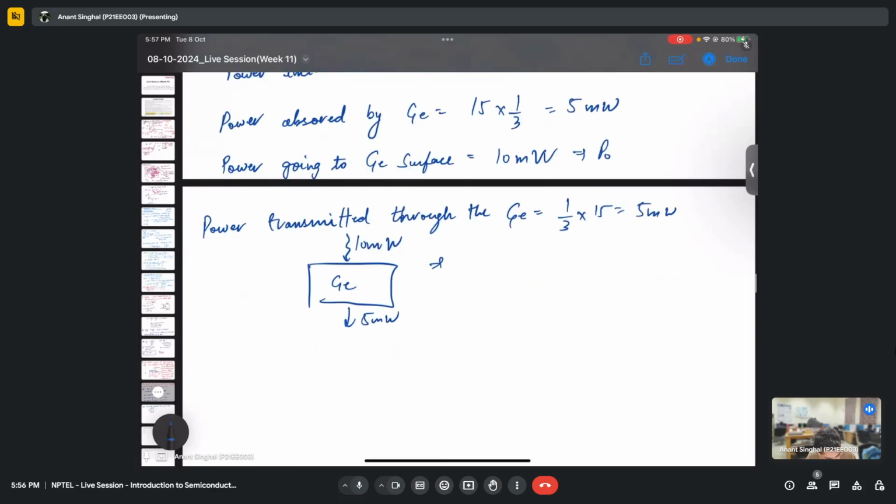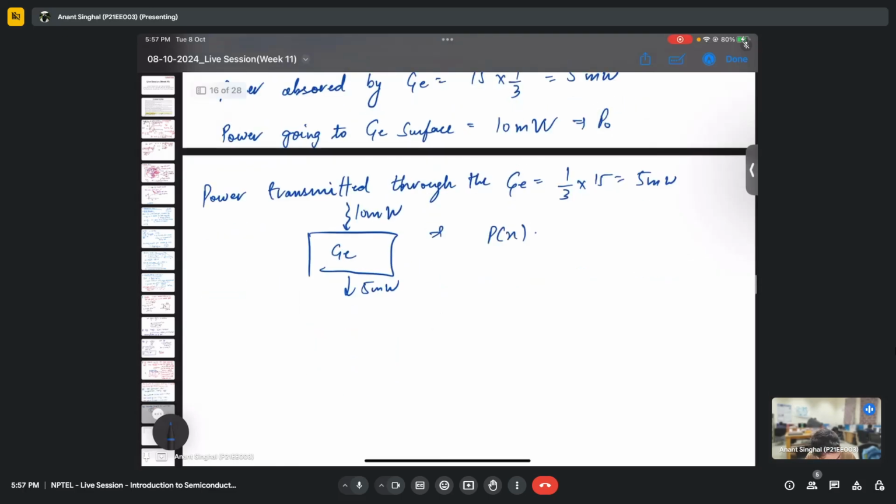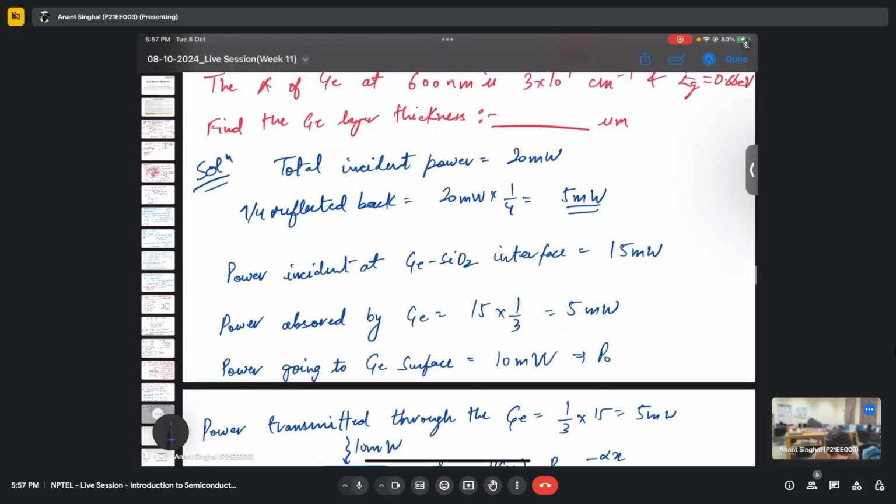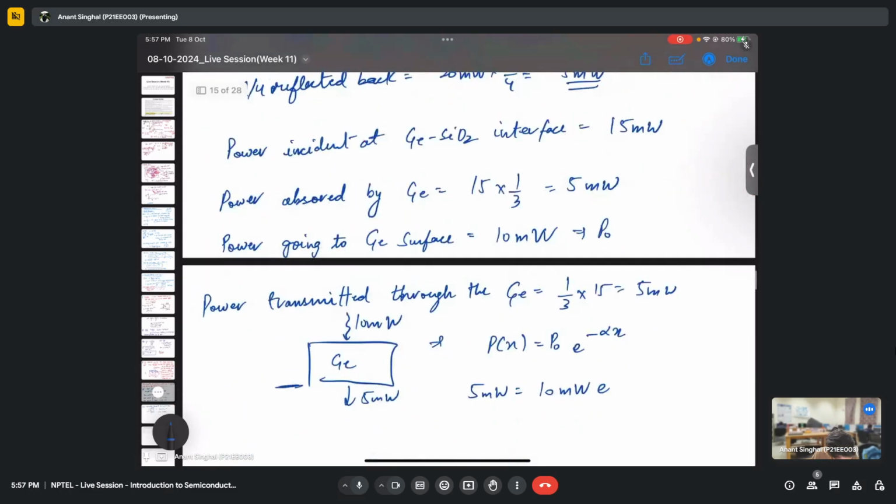So the formula remains the same. Instead of intensity, we have the power. So P equals P naught e to the power minus alpha x, and we need to find the thickness. At T, we know that it is 5 milliwatt. Incident is 10 milliwatt. Exponential of minus alpha x, alpha is given as 3 times 10 raised to the power 4.